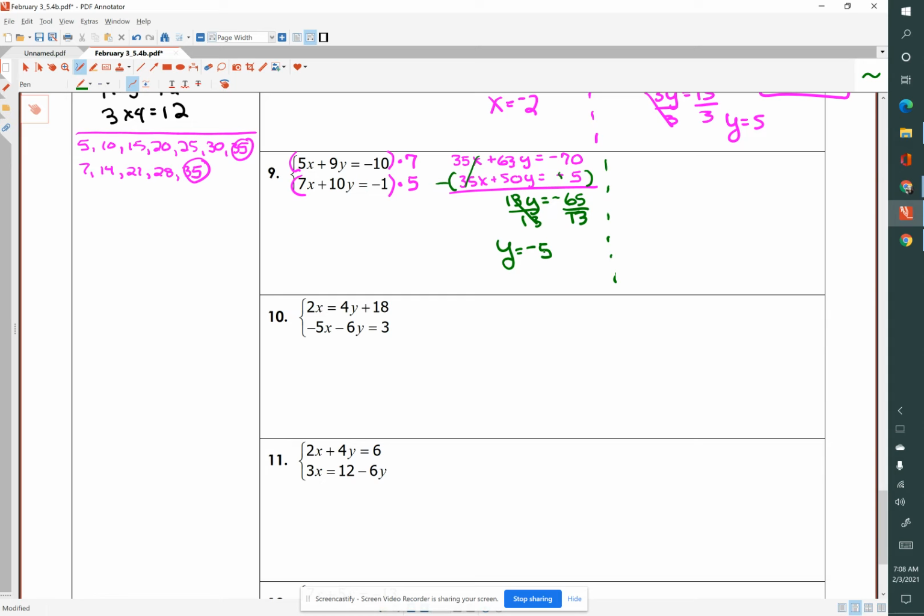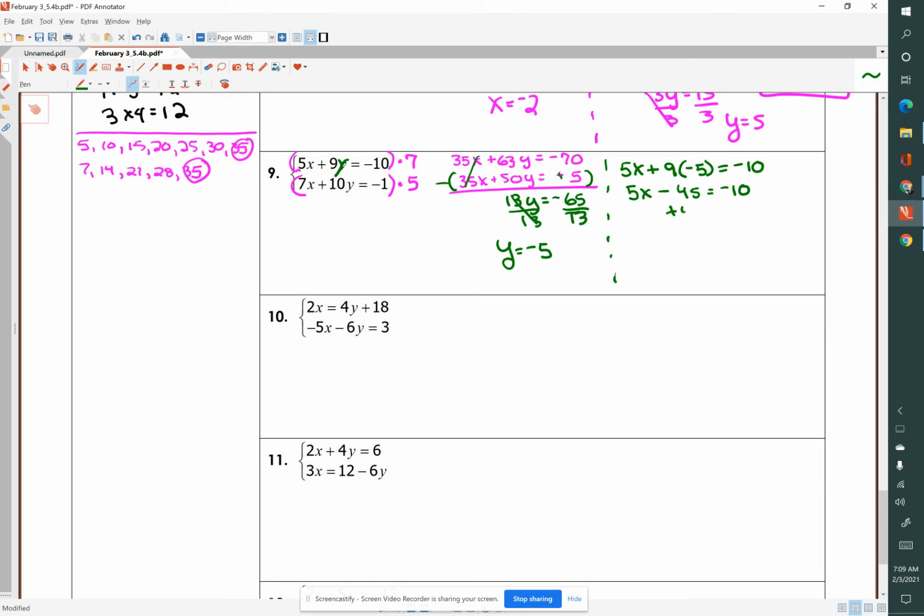All right, I'm going to take that negative 5 and insert it right here for y in the first equation. So 5x, I'm solving for x this time, plus 9 times negative 5 equals negative 10. 5x, 9 times negative 5 is a negative 45, equals negative 10.